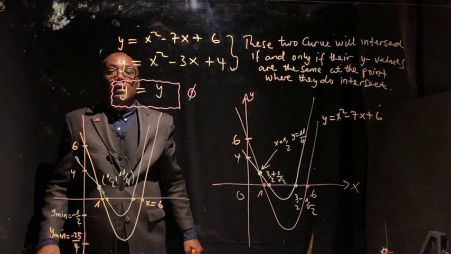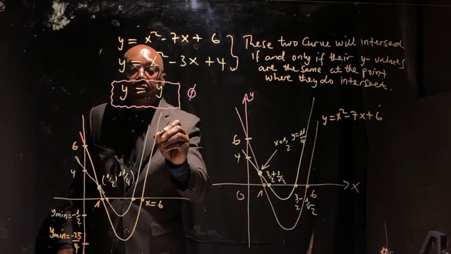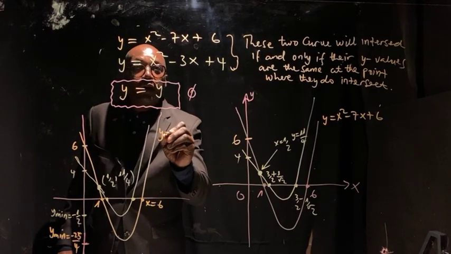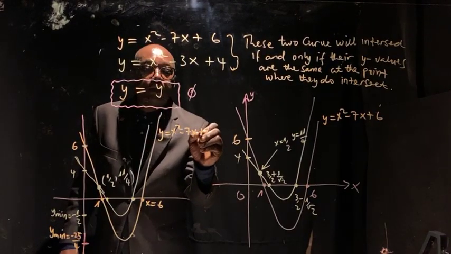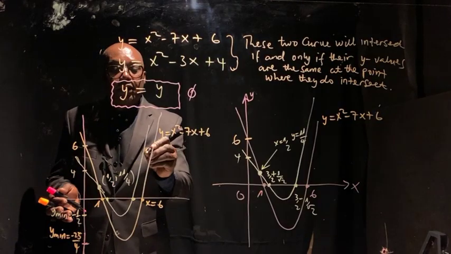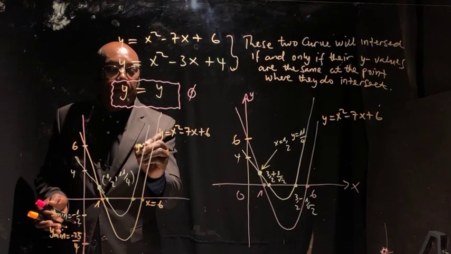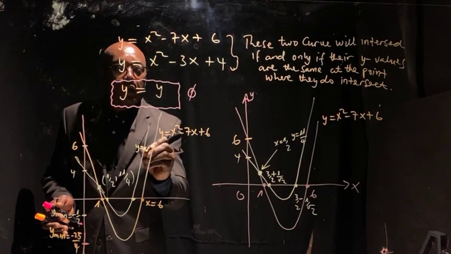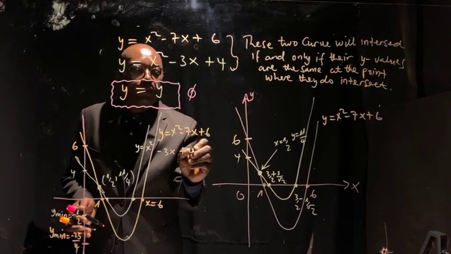Very good. And this is the graph of y equals x squared minus 7x plus 6. And this is the graph of y equals x squared minus 3x plus 4.